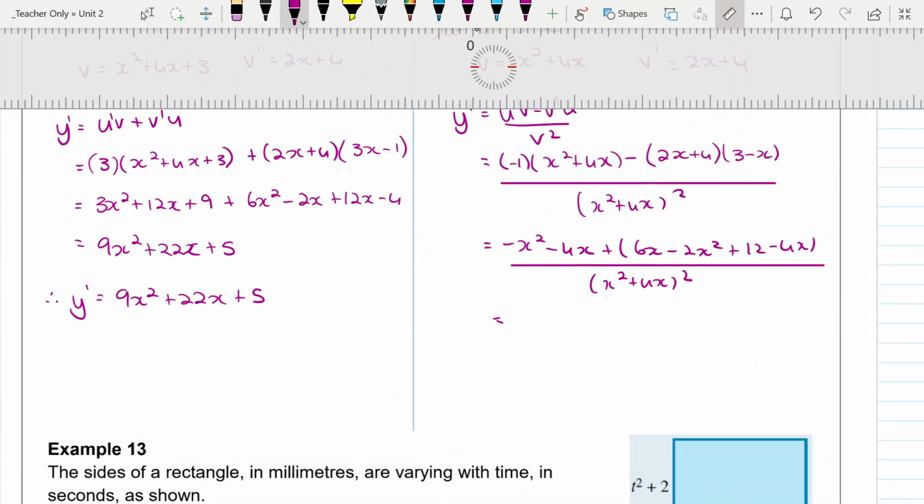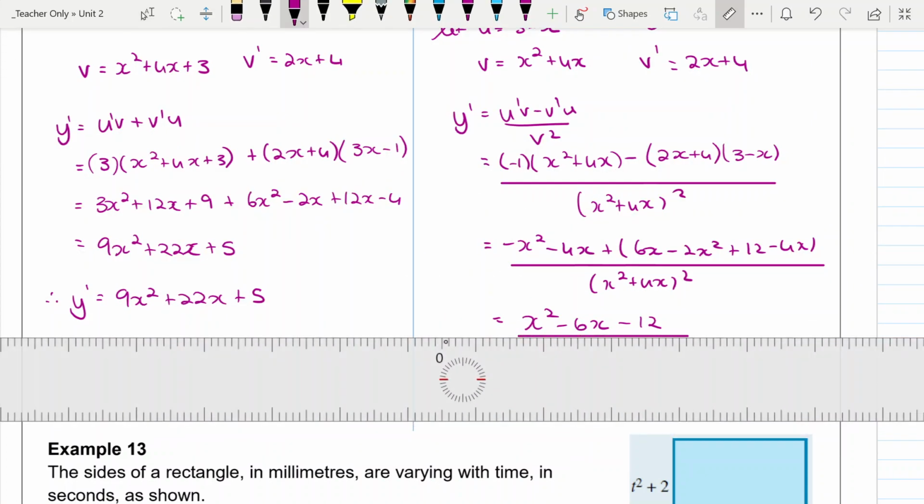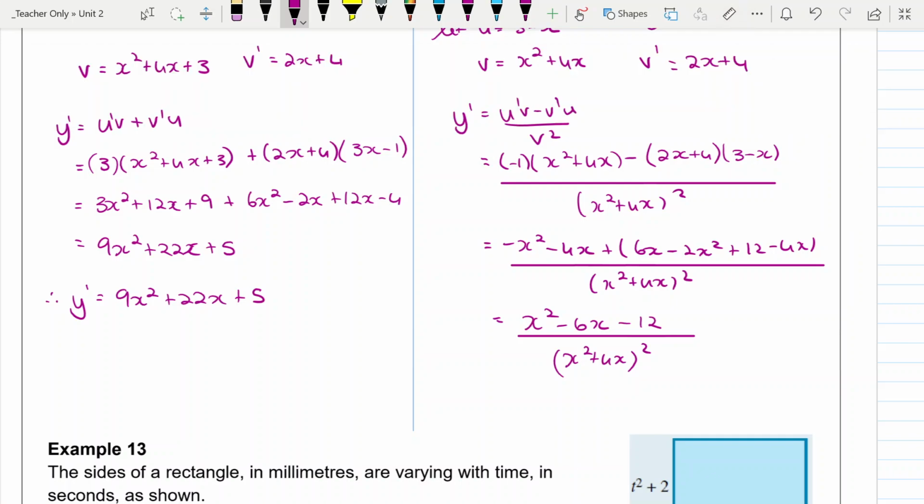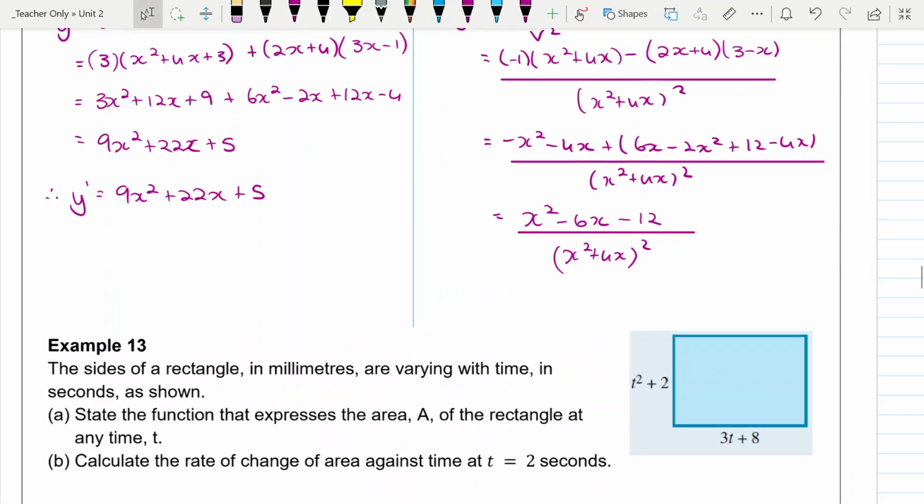And let's simplify that to x squared minus 6x minus 12 over x squared plus 4x all squared. We're going to leave the denominator probably as it is, just leaving it unexpanded. You could have expanded it, but it's not going to make any difference to the final answer. So in this case, we can leave it unexpanded. If we could factorize something out in our numerator, that's what we would do.